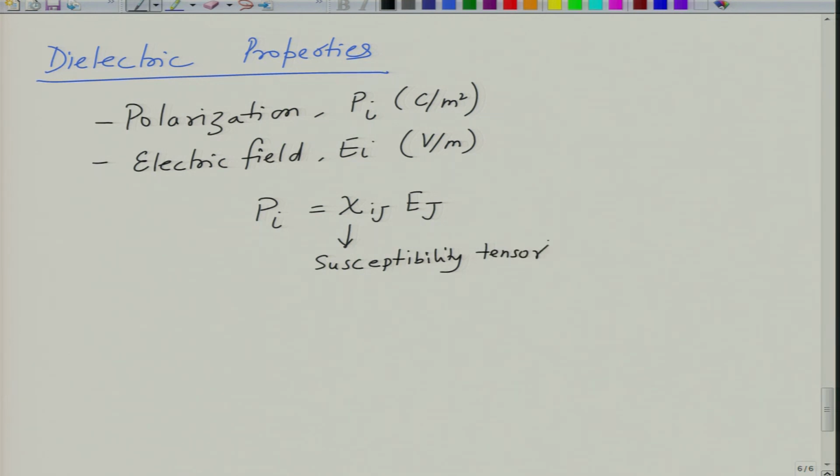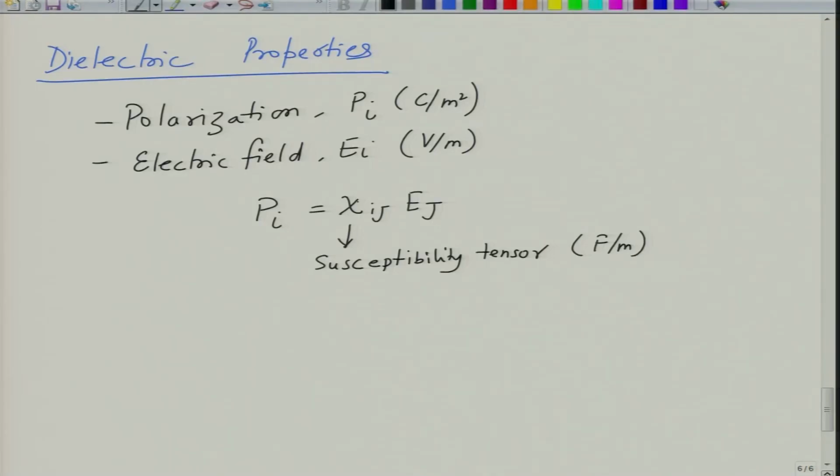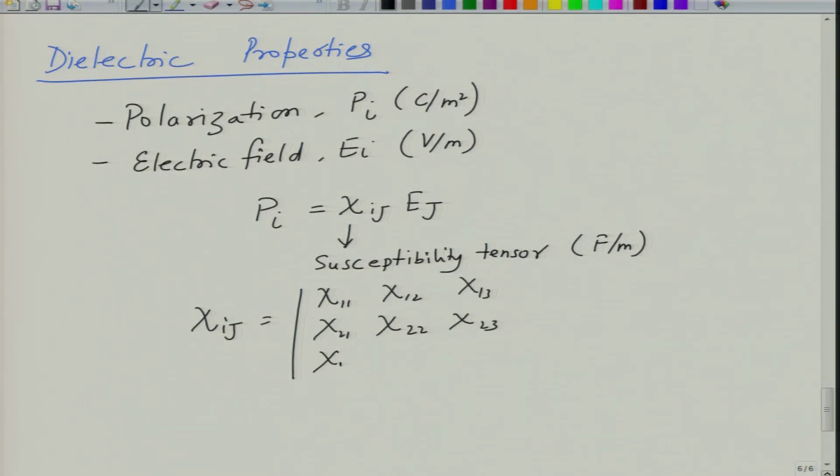Just like we have magnetic susceptibility, here we have dielectric susceptibility. So, this is the dielectric susceptibility tensor, in farad per meter, and as you can see this is a second rank tensor. So, chi ij you can write as chi 11, chi 12, chi 13, chi 21, chi 22, chi 23, chi 31, chi 32 and chi 33.